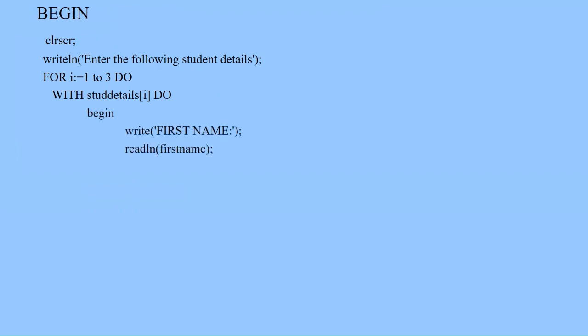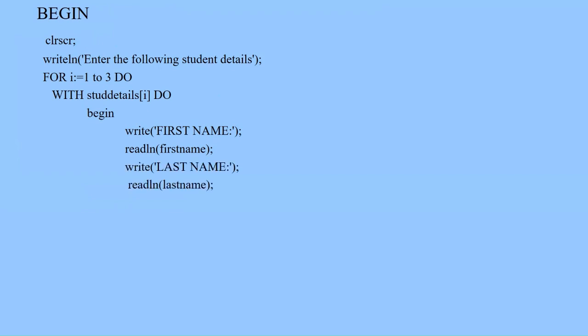Display this statement, enter the following student details, and then we use a for loop for the process of reading. We initialize I from 1 to 3. So we check if the value of I is less than or equal to 3. If yes, with student details 1, do, begin, write out first name, and the content entered will be stored in the first name member for the first student record.